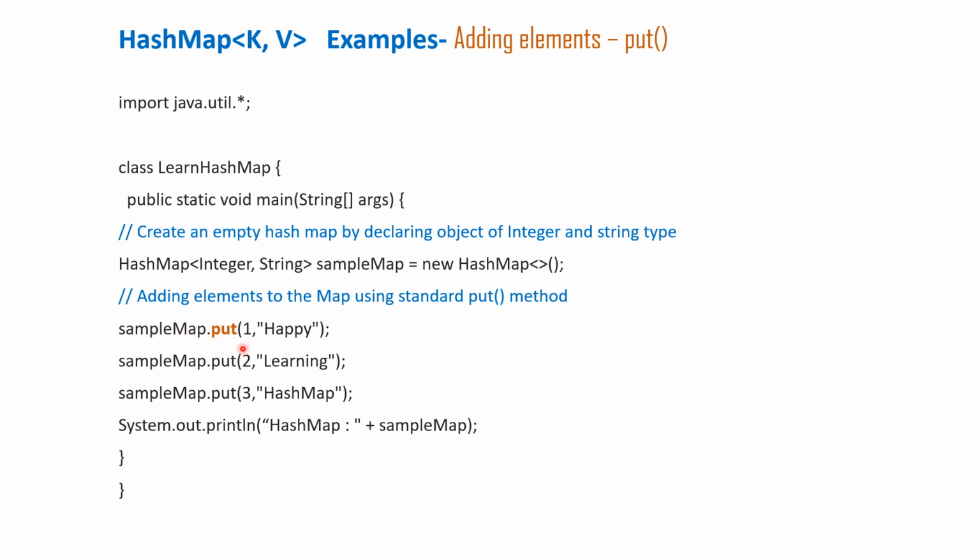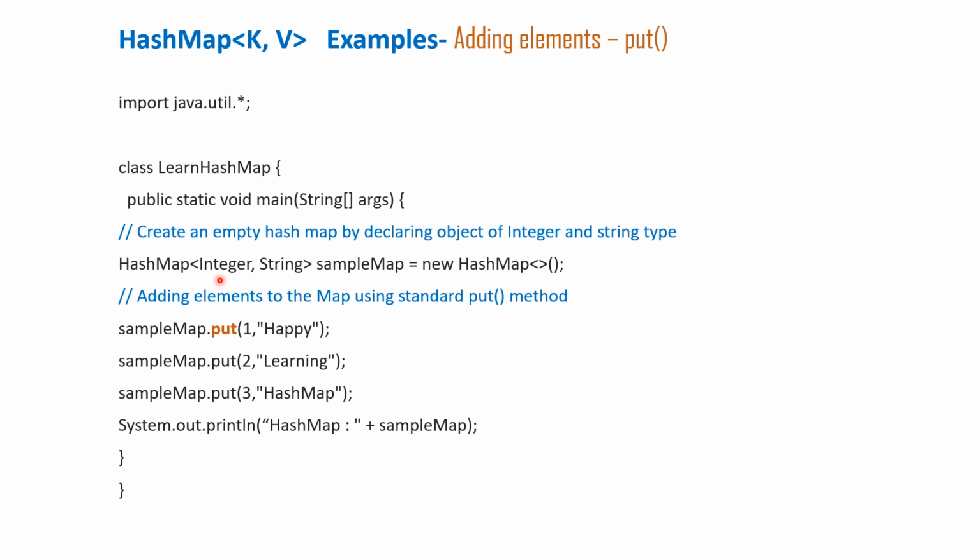So we take put of 1 comma "happy". For the integer there is no need to give quotes, but for the string value we have to mention it in quotes. I have made three entries of data, and I'm just printing out the sampleMap. It is simple: we just create the empty HashMap and declare the object.